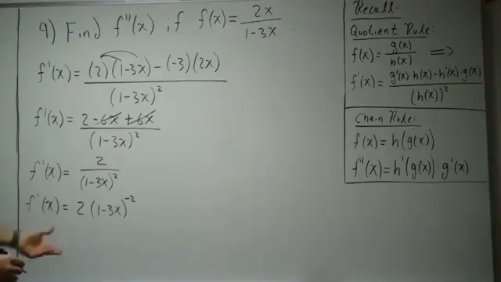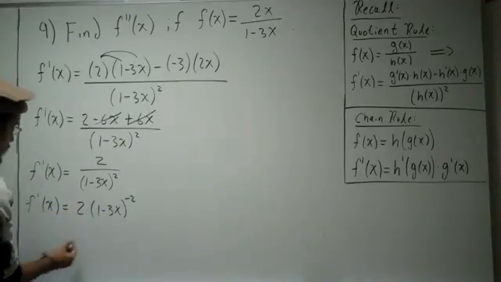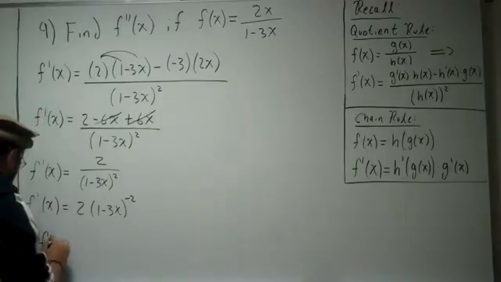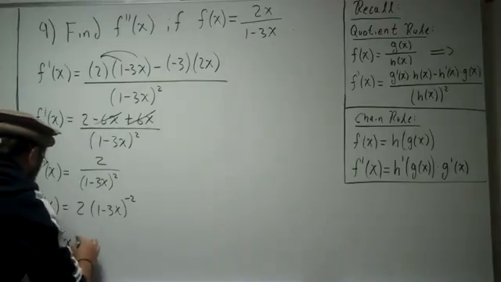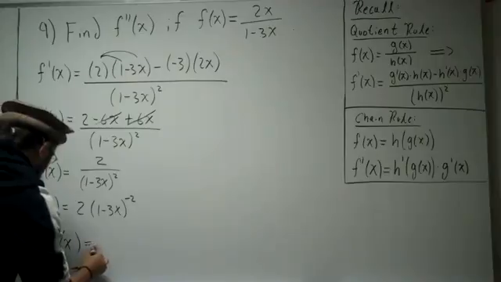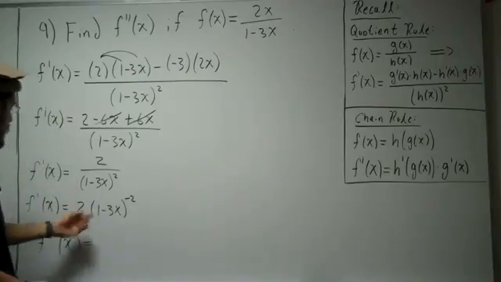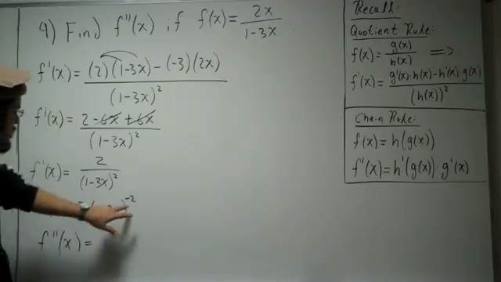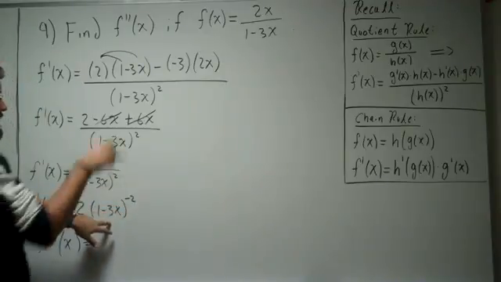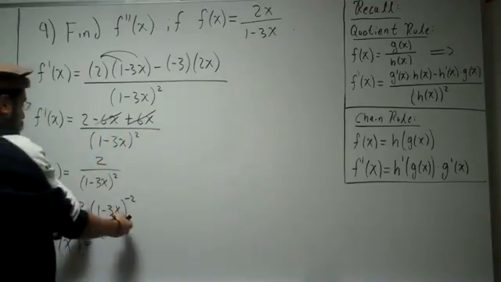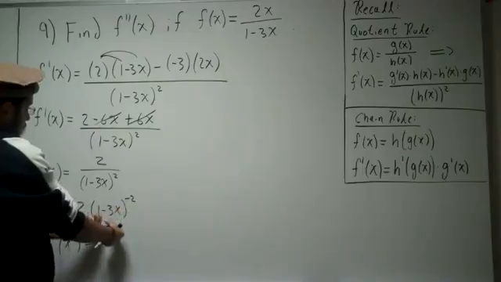Alright, to find the second derivative, we take the derivative of this. So f double prime of x is equal to: 2 is a constant, so you can just move that aside. Take the derivative of this. But this is where the chain rule comes in, because you have an outer function and an inner function.